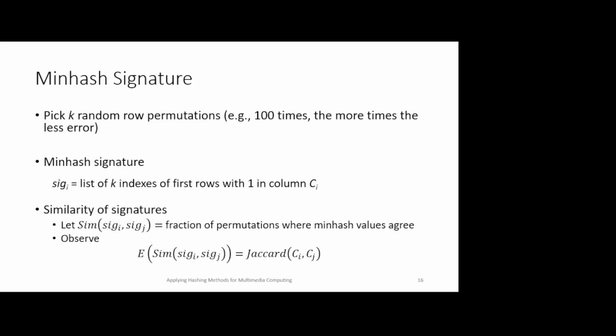But you can also use k hash functions and perform k permutations to generate your k min hash values. And the similarity of the signatures can be expressed like this. Its expectation E between the two signatures is also the same as the Jaccard coefficient between the two documents.